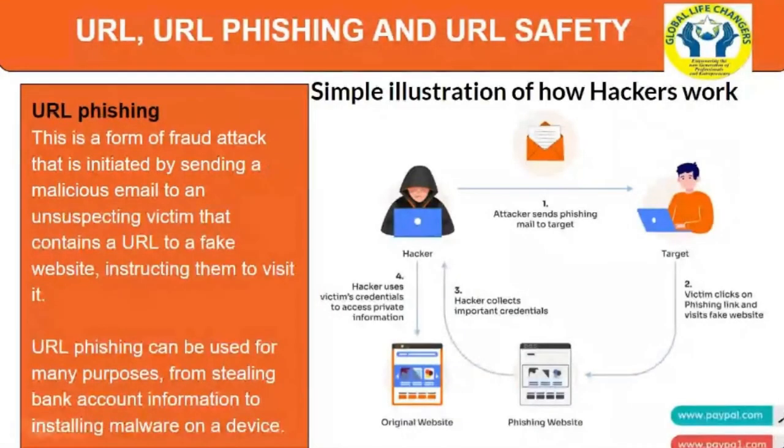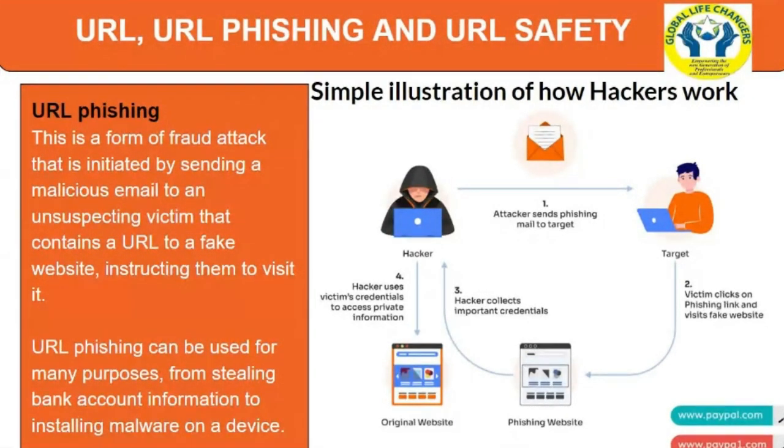Let's take a look. A phishing URL is a form of fraud attack that is initiated by sending a malicious email to an unsuspecting victim that contains a URL to a fake website, instructing them to visit it.